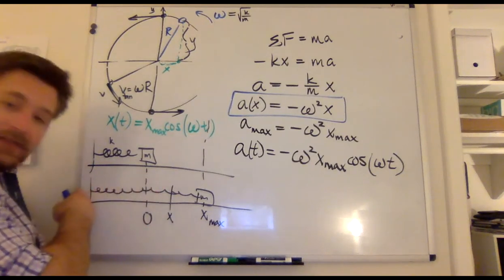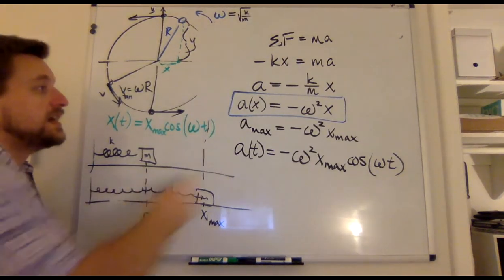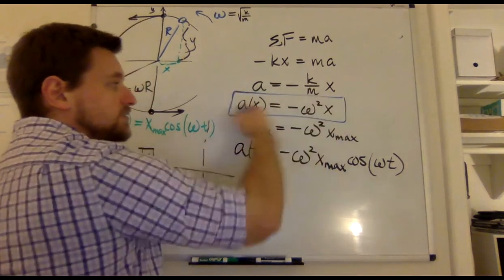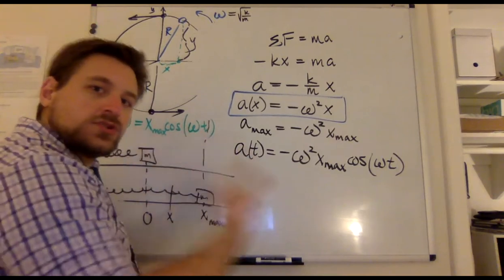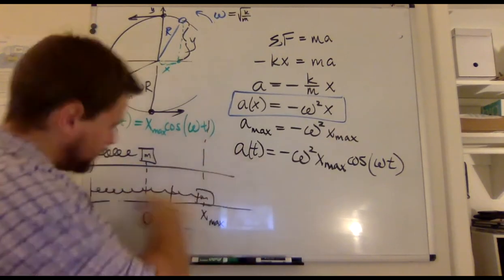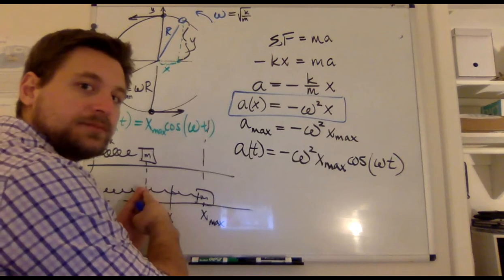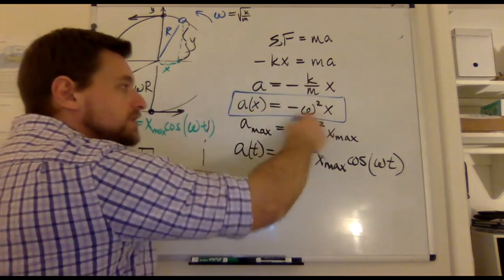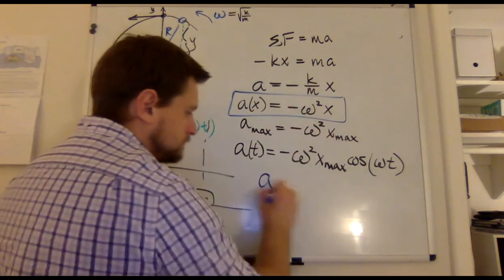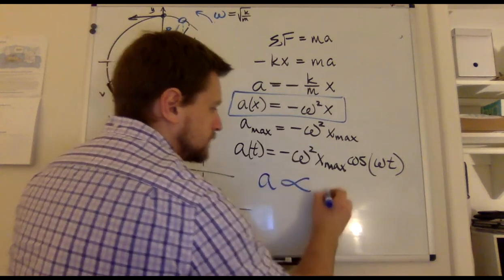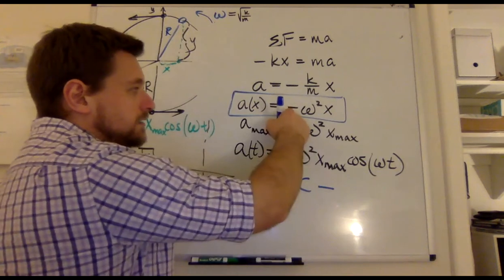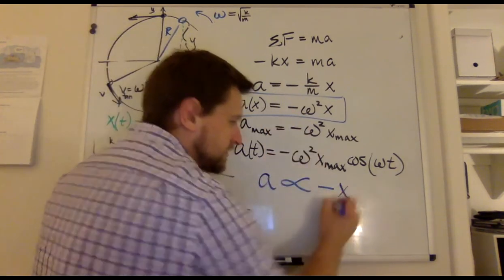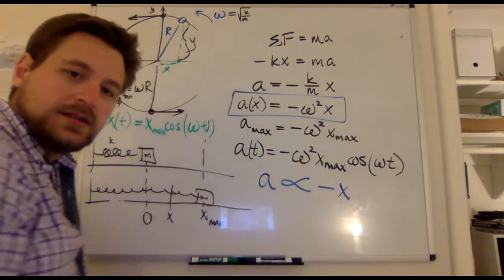And the farther to the left we go, the stronger that force is. This is an expression of a restoring force, and that minus sign is proportional to the displacement.